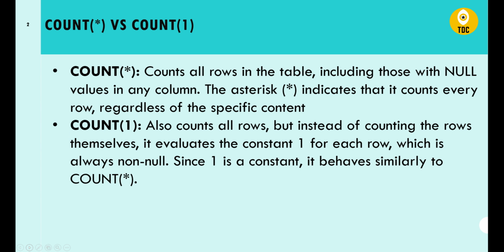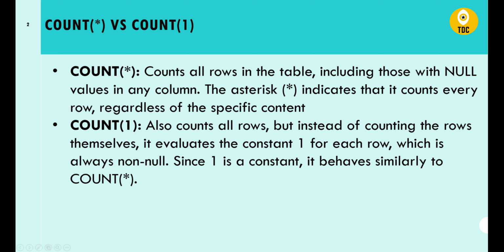So let's first understand count of star. Count of star counts all the rows in the table, including nulls. All the rows, in the sense all the rows and all the columns as well, whether there is a null or a not-null value in a column. The asterisk indicates that it counts every row regardless of the specific content.